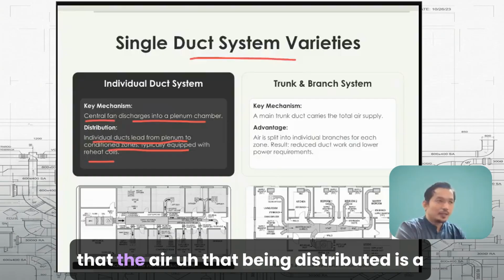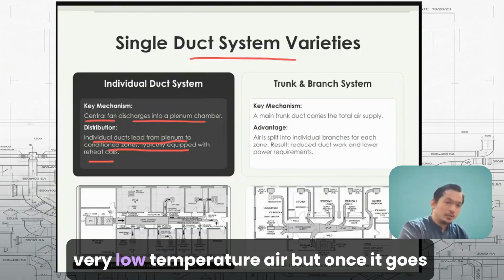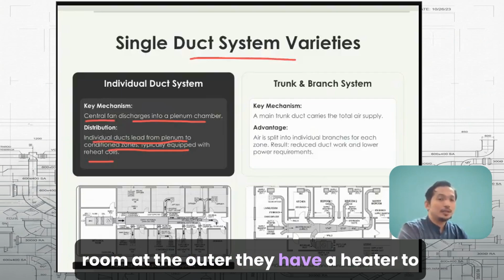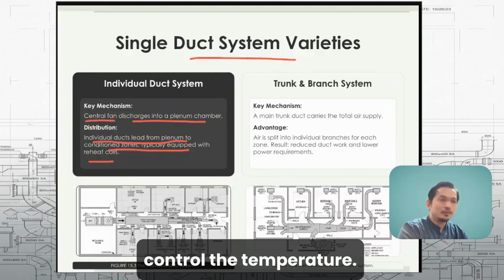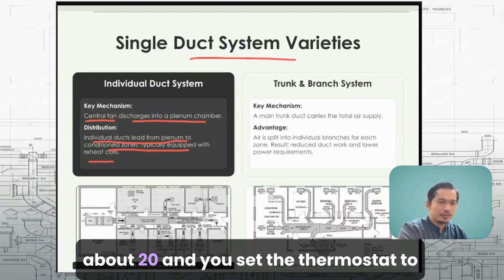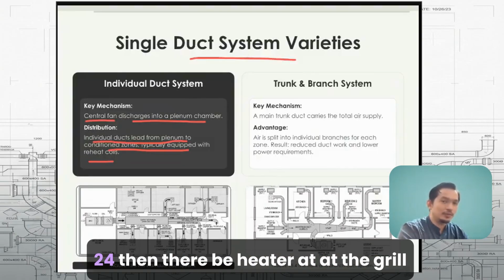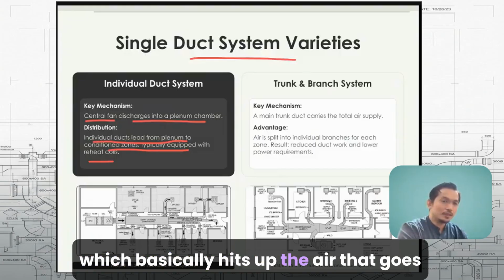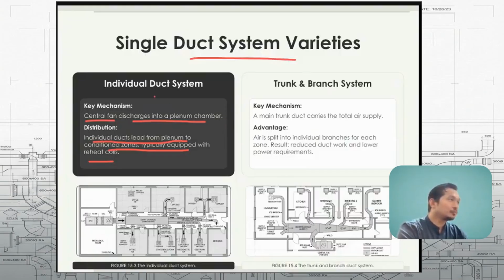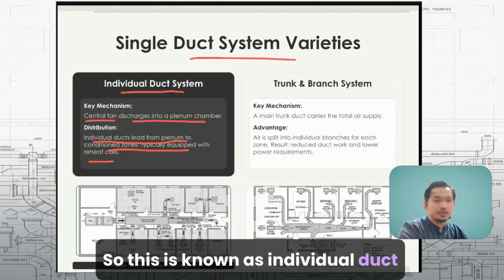That means the air being distributed is very low temperature air, but once it goes to each separate room, at the outlet they have a heater to control the temperature. So if the distributed air is about 20 and you set the thermostat to 24, the heater at the grill heats up the air that goes into the conditioned room. This is known as the individual duct system.